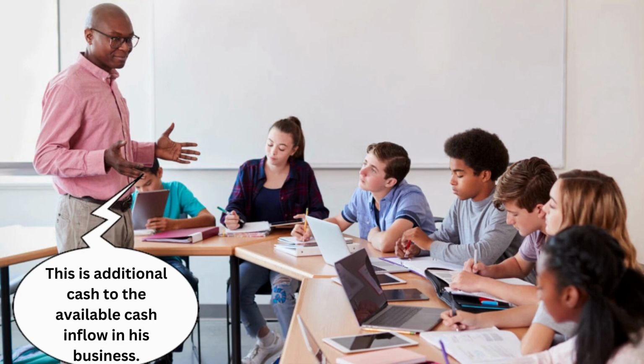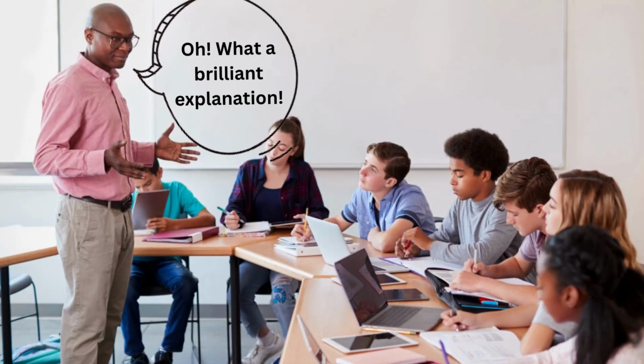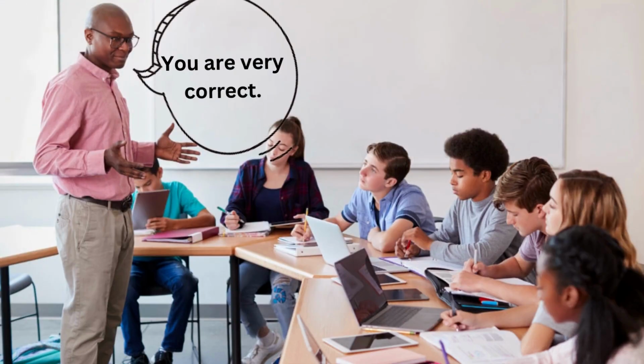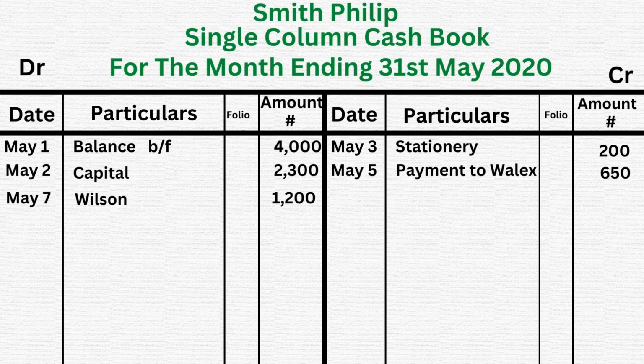This is additional cash to the available cash inflow in his business. It is thereby debited to the cash book. Oh, what a brilliant explanation. You are very correct. I record it as well on the debit side of the cash book.